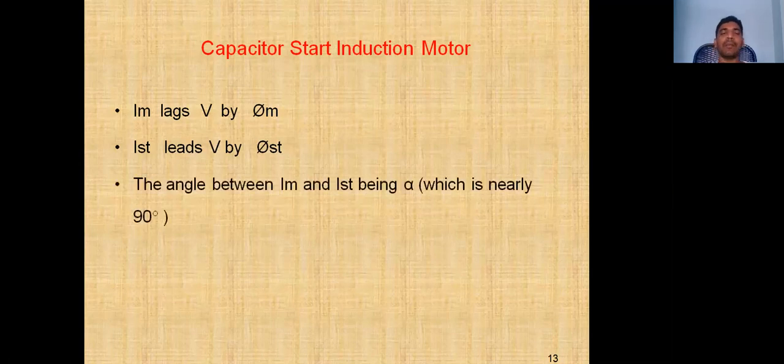The angle between the main current Im and starting current Ist is alpha, which is nearly 90 degrees.